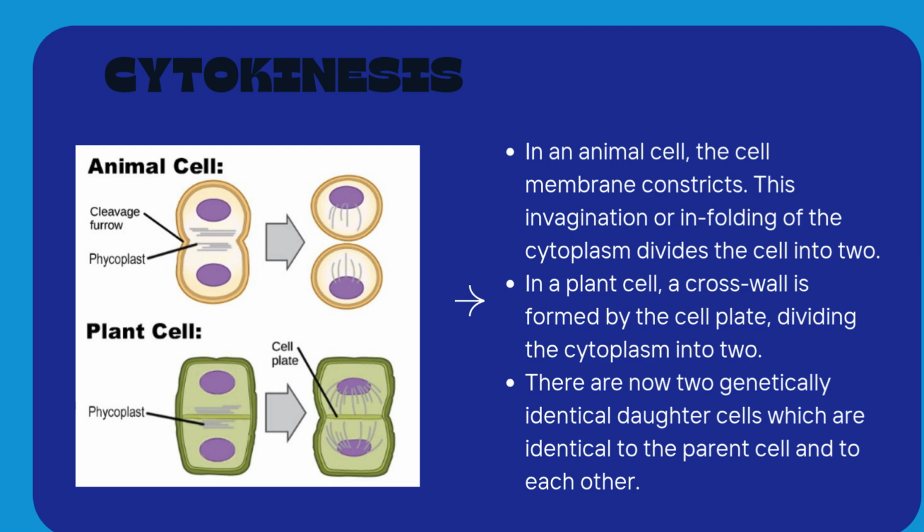So in a plant cell, you'll see just a straight line forming in the middle. That's the cell plate dividing the 2 nuclei. But for an animal cell, an infolding or a cleavage will divide the cytoplasm into 2. Now we have 2 daughter cells, which are identical to each other and to the parent cell.